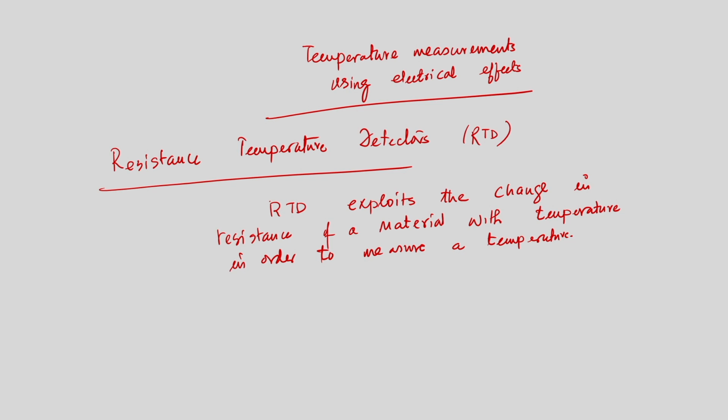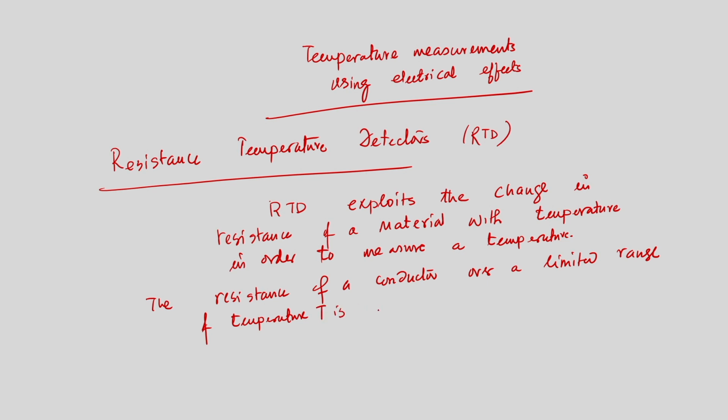So, we know that the resistance of a conductor over a limited range of temperature, say T, is given by R is equal to R naught times 1 plus alpha naught times T minus T naught.